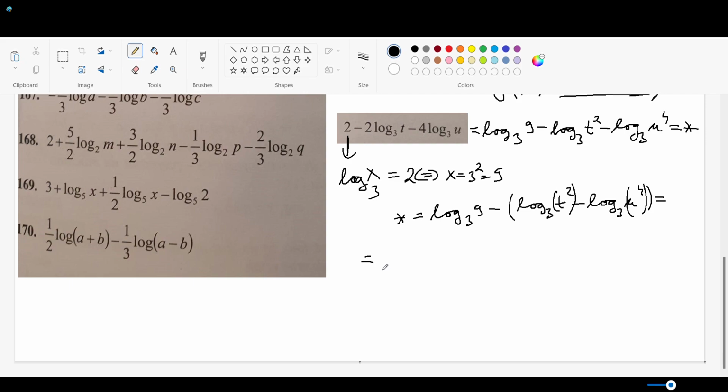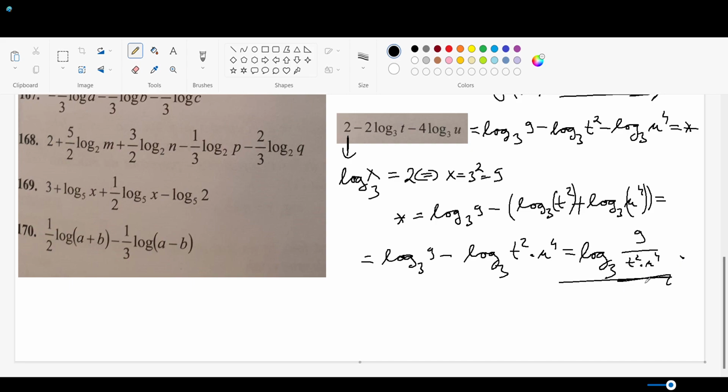So basically this is logarithm base 3 of 9 minus, and I'm sorry I made a mistake, here must be plus of course, minus logarithm, we applied the product rule, logarithm t squared times u to the power of 4, okay? And now as you can see here is the subtraction, so this is going to be logarithm, sorry I forgot the base, logarithm base 3 of 9 over t squared times u to the power of 4, and this is our solution of the exercise.